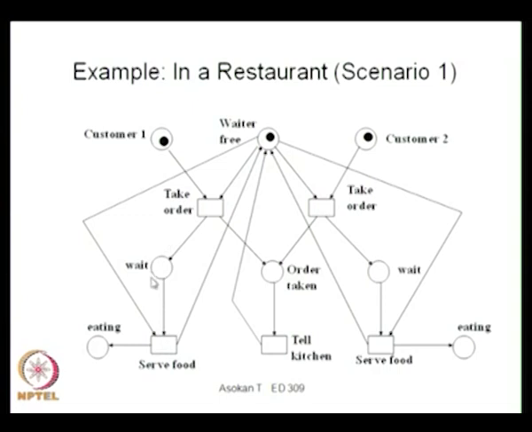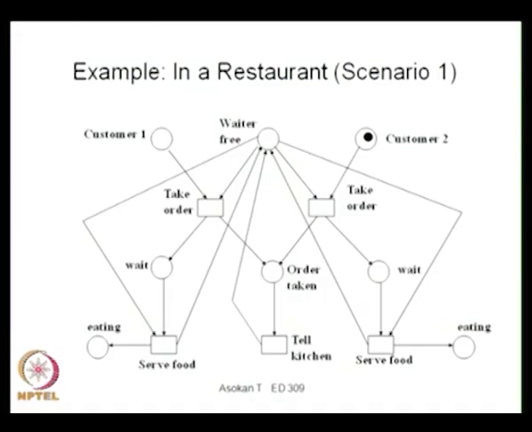These two are needed for this transition: the customer is waiting and the waiter is free, then only that transition can take place. So the relationships needed for a transition can be represented using these arrows and the tokens. Now let us see how this is taking place.